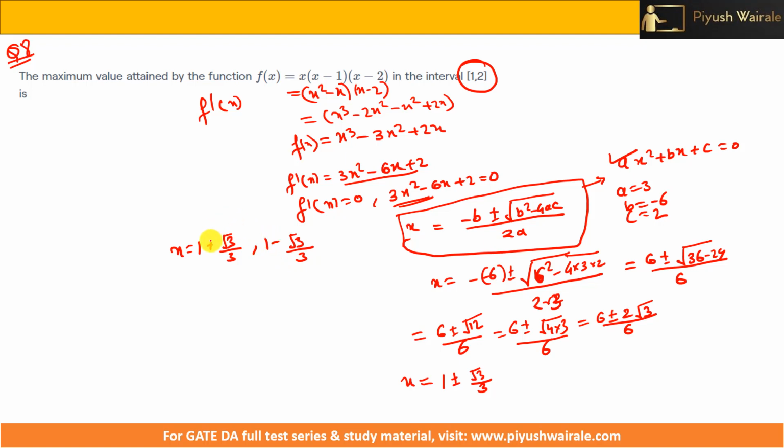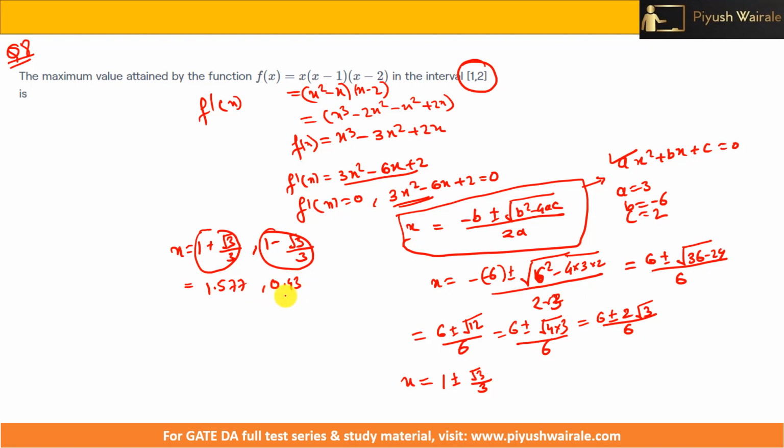Now what is the value of each of these terms? You can just find it out. The value of 1 plus root 3 by 3 will be 1.577 and the value of 1 minus root 3 by 3 will be 0.43. So these are my stationary points.